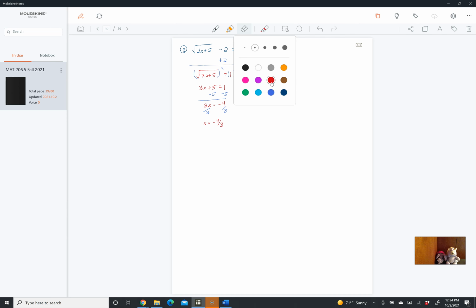Okay, so we need to make sure that it's not extraneous. So we have square root of 3 times negative 4/3 plus 5 minus 2 is equal to negative 1.